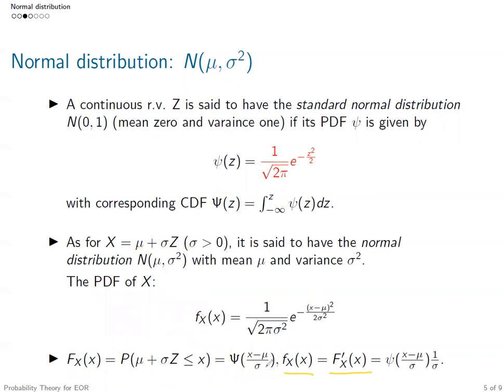Now let's take the derivative. This is the result we have. So if we plug x minus mu divided by sigma into this phi function and divide by sigma afterwards, you will have the PDF of X.